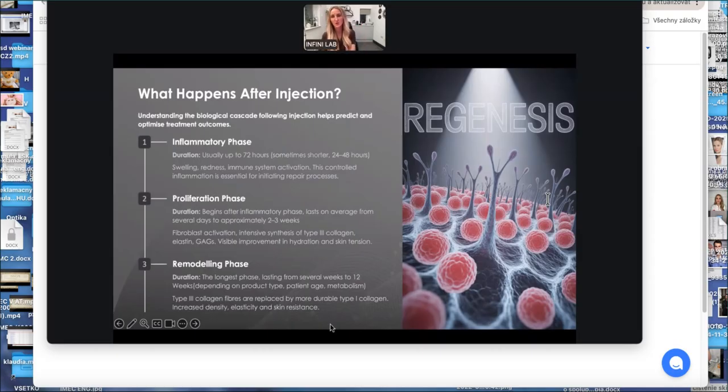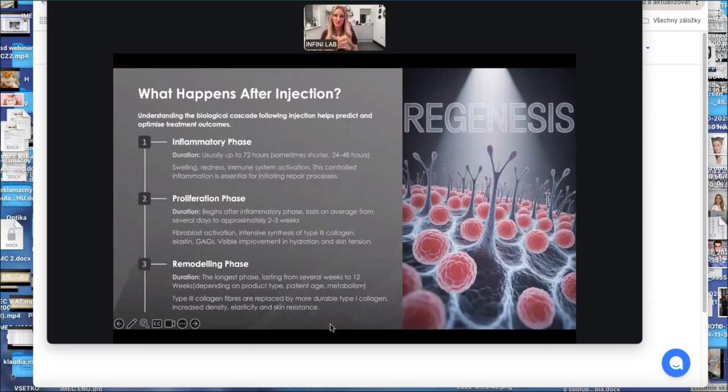Like I said, with collagen type 1 and collagen type 3, stimulation of the elastin fibers is also very important, because the elasticity of the skin is really important. And elastin fibers are really difficult to recreate when they're gone.